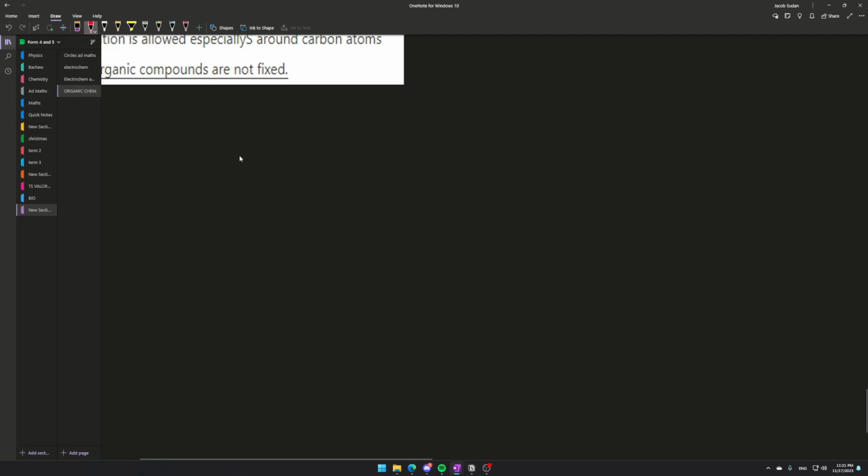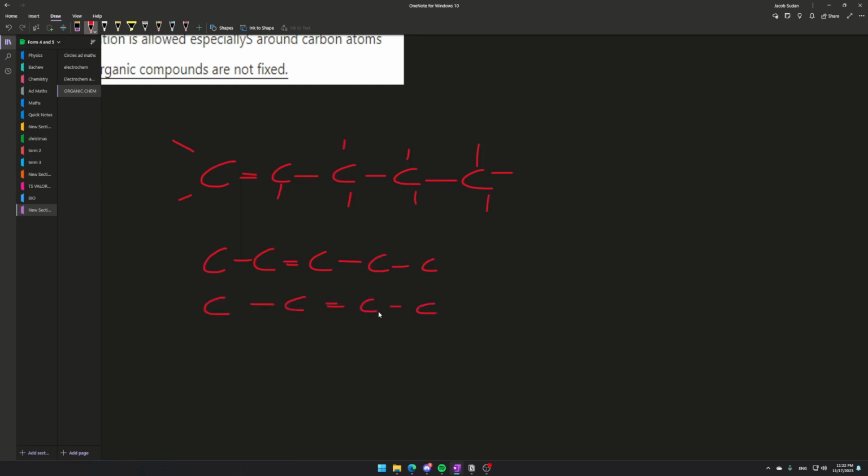So let's say we had this. Pentene. And we wanted to find some isomers for it. Now, there's the obvious ones. There's pent-2-ene. There's pent-3-ene. Actually, no, this is still pent-2-ene.